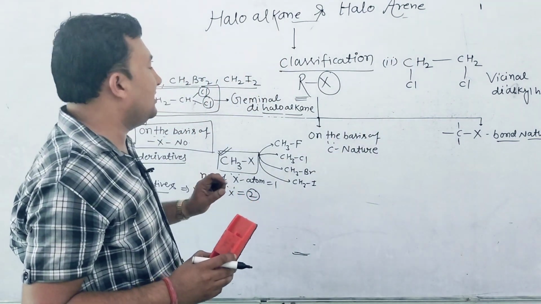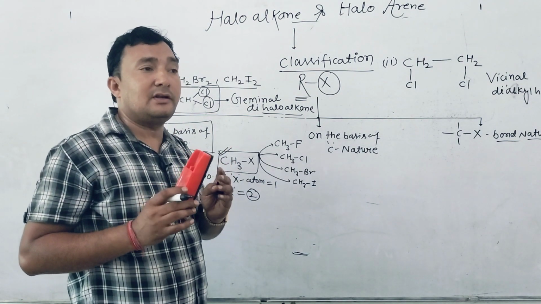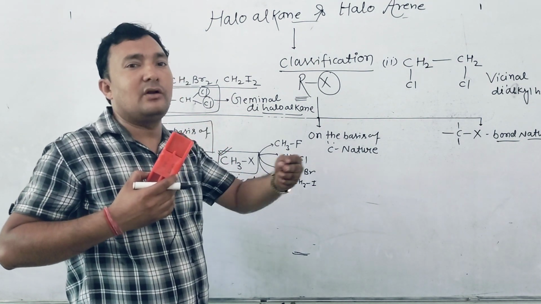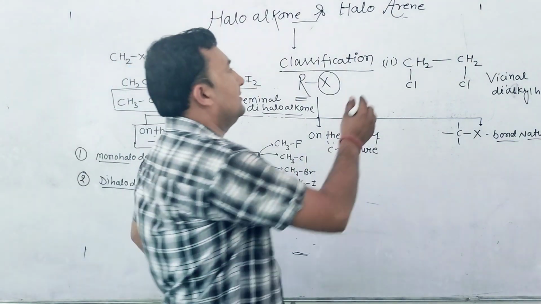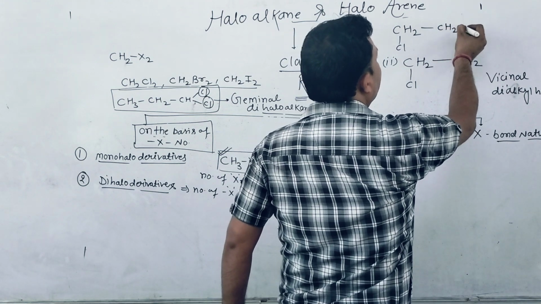The third category in the dihalo derivatives is when we have two halogen atoms, but they are present on the first or last carbon, meaning they are attached to either the first carbon or the last carbon.